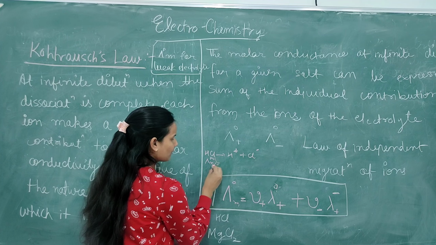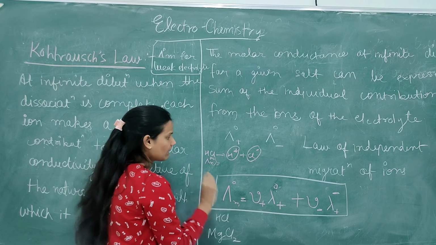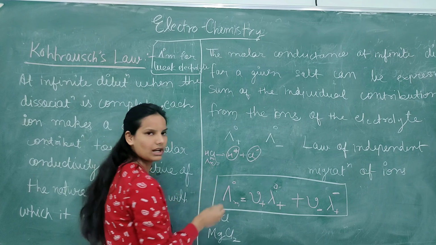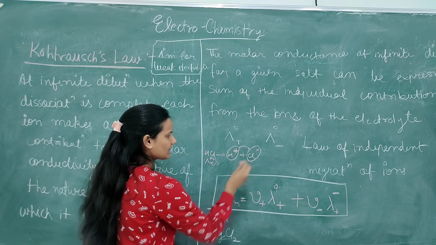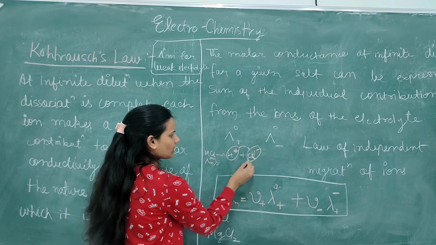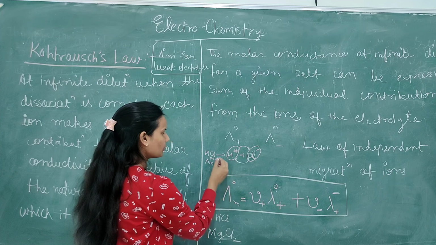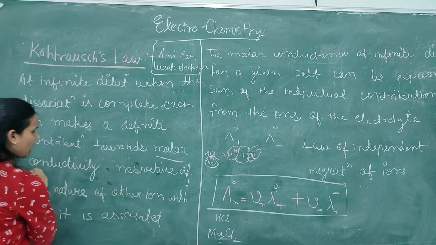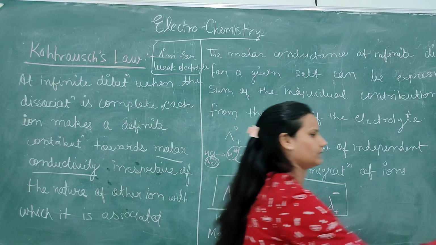It will have a contribution of this H plus and this Cl negative independently. The contribution of molar conductance of H positive will not depend on Cl negative, and the Cl negative contribution will not depend on H positive. They will independently contribute towards the molar conductivity.